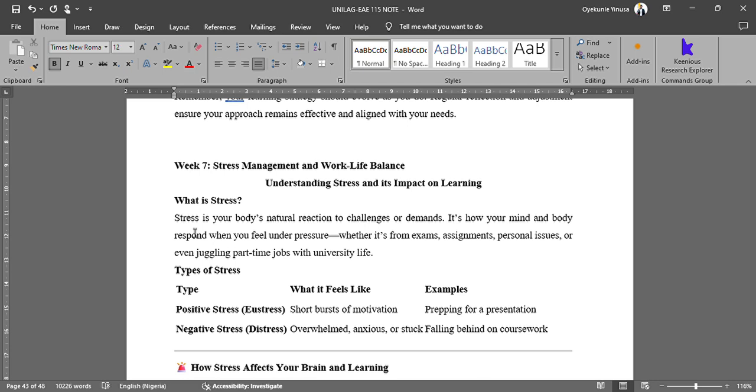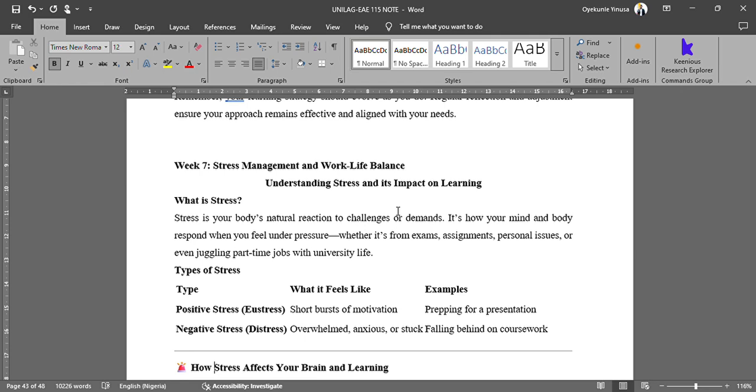So in this week 7, we'll be looking at stress management and work-life balance. You must understand what stress connotes and how you can balance it. So what is stress? Stress is your body's natural response to challenges or demands. If you are having too much to do, too much to ponder on, you might get into stress.